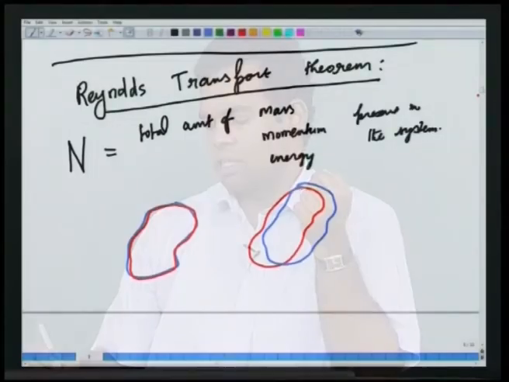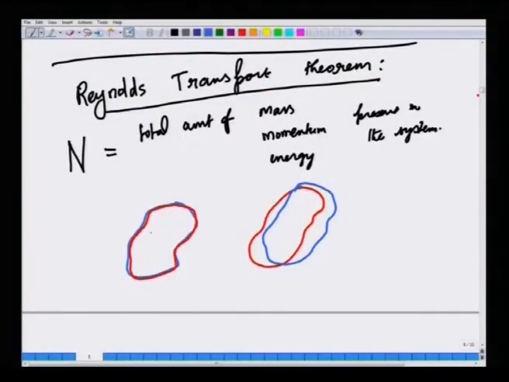So, this blue line is no longer occupying where the red line was at time t equal to t0. At a later time t0 plus delta t, the blue lines and red lines will separate, because the chunk of fluid particles have moved elsewhere.